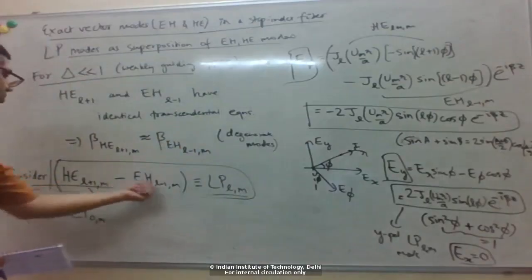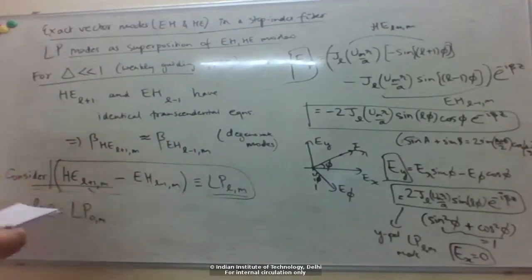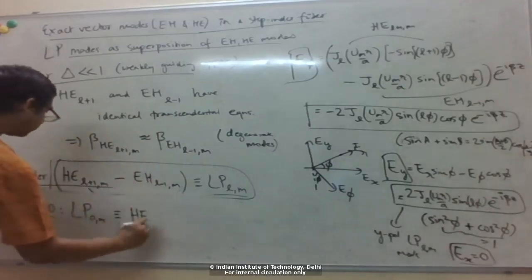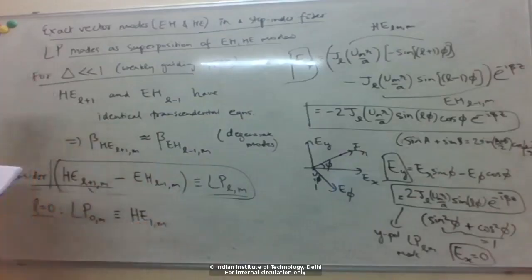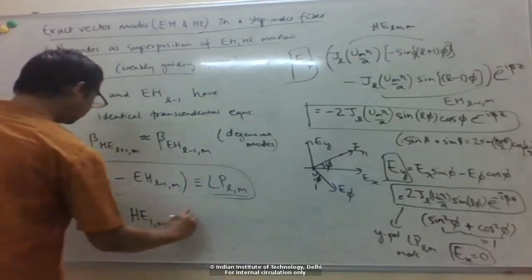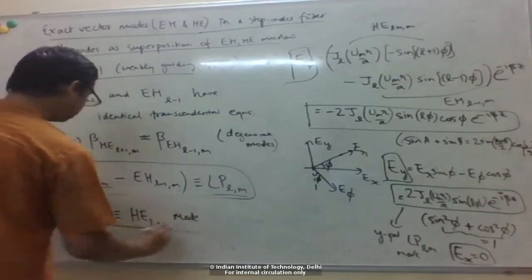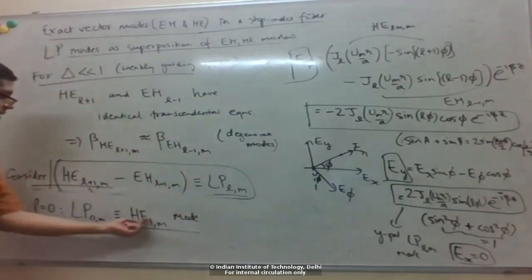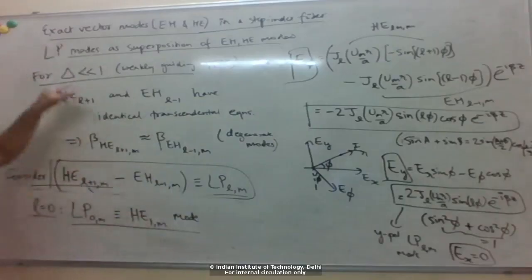Okay, so the L minus 1 doesn't come into the picture, only the L plus 1 comes in. So this is basically just the HE1M mode. Okay. So for L equal to 0, basically it's not even a superposition. The LP mode is just an approximation of the HE1M mode in this limit.